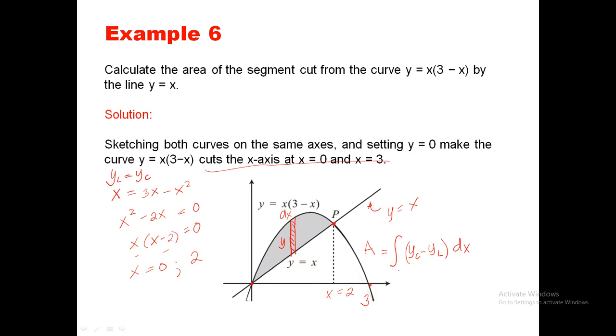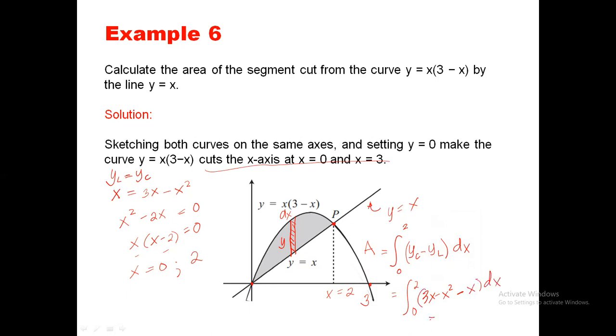So you will have here from 0 to 2, y of the curve is x times 3x minus x squared, and y of the line is x. So minus x dx.